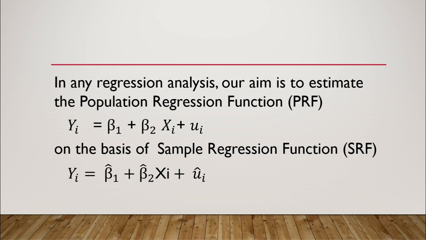Here, beta 1 hat is an estimator of the true population parameter beta 1 and beta 2 hat is an estimator of the true population parameter beta 2.